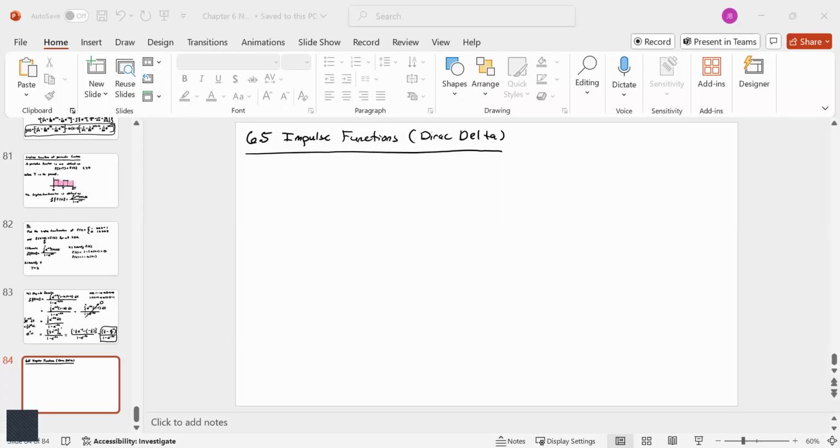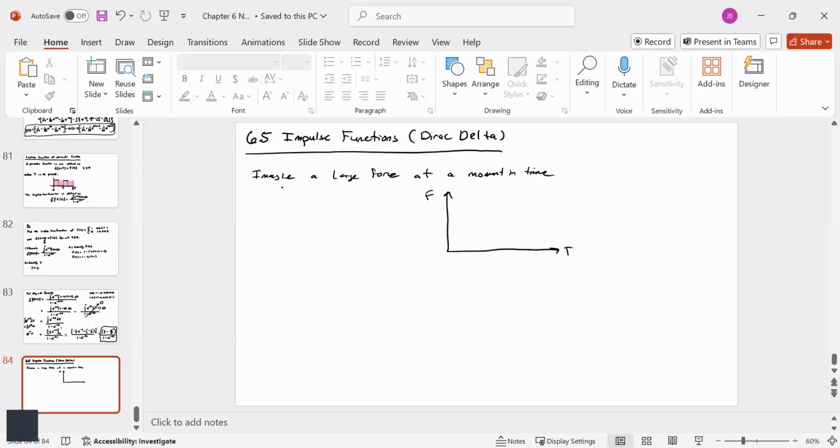So that's the basic principle. Like I said, imagine a large force at a moment in time. It would look like this.